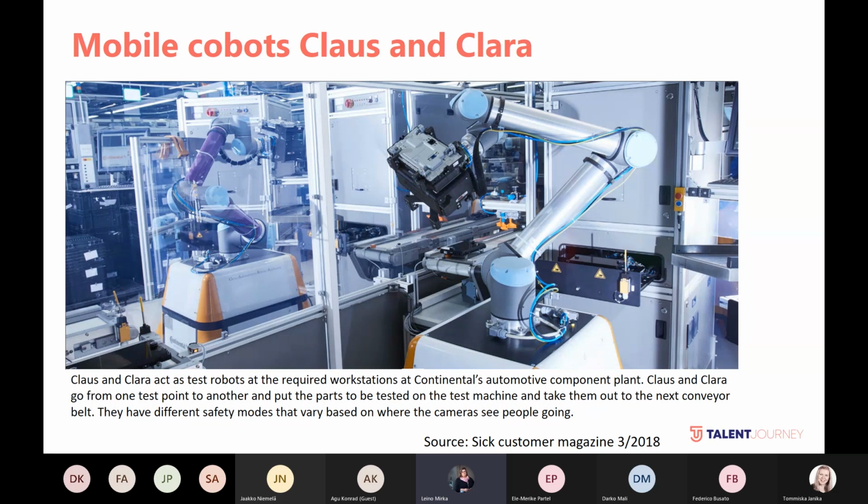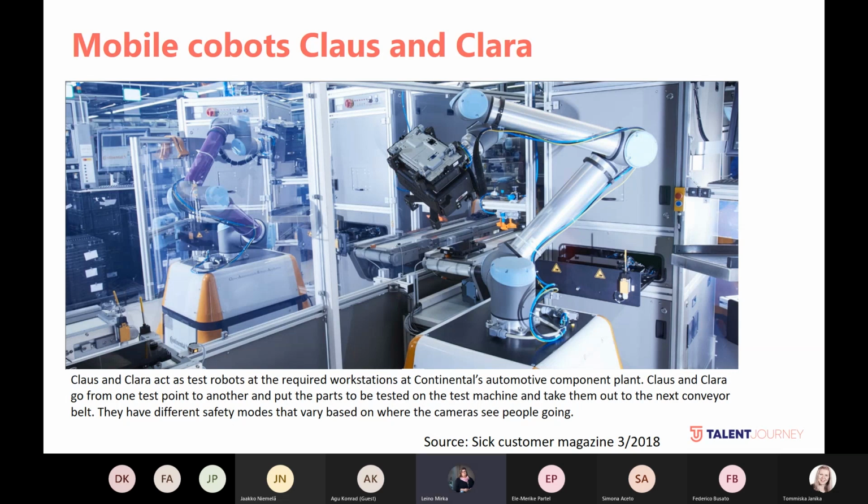Then Klaus or Clara can move on to the next test device to do their job. Mobile cobots, so cobot, collaborative robot, and then it's mobile, are absolutely sensible choices for a production where the robot doesn't have enough to do in one place, but could work 24/7 for different locations.